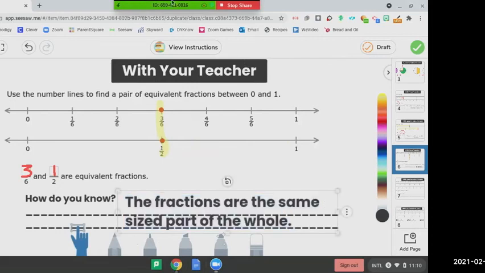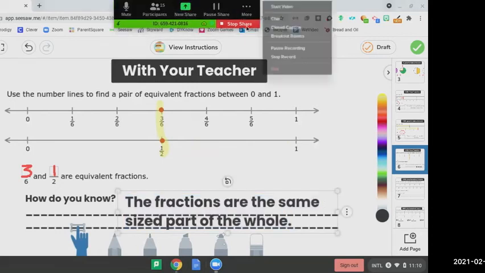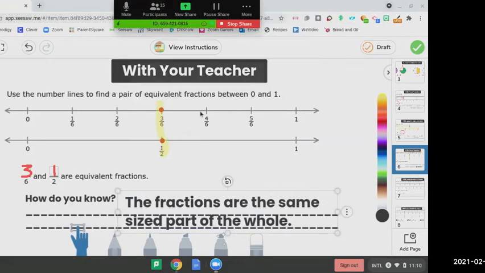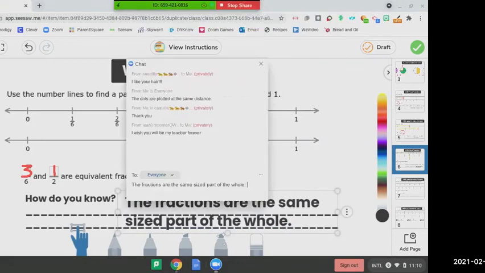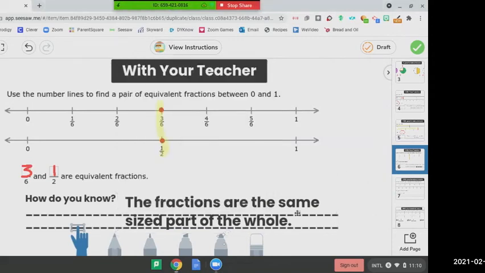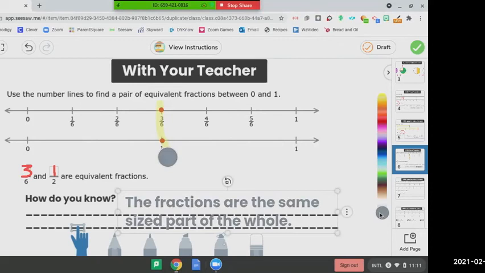So not the same sized pieces, but the same size part of the whole. I'll put that in the chat. Feel free to copy it there since we're a little bit shorter on time today. So the fractions are the same sized parts of the whole, the same distance from 0 to their endpoint.